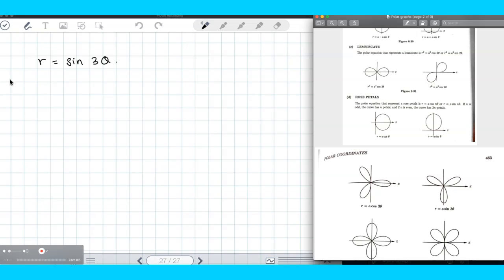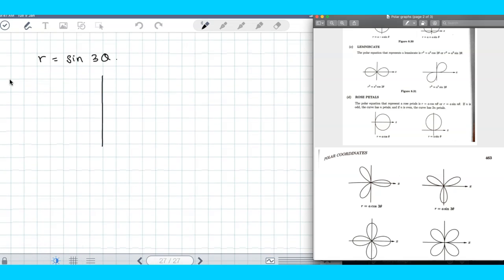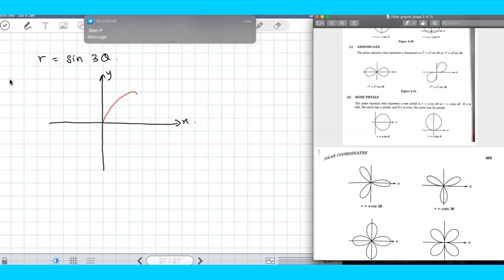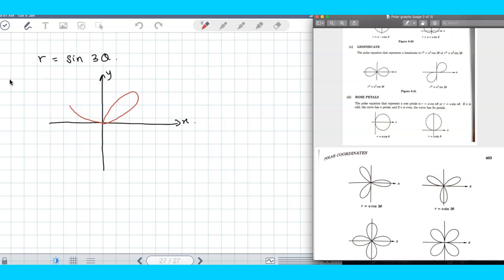If we sketch that, we have this one, and this one. And the size of the petals should all be the same.